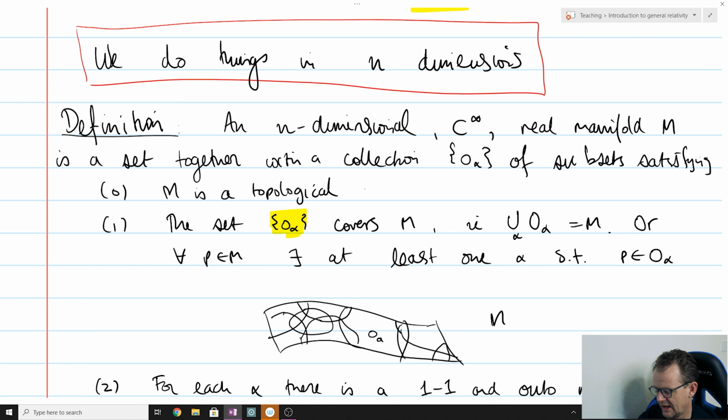So the zeroth condition is that M is a topological space which is Hausdorff and paracompact.